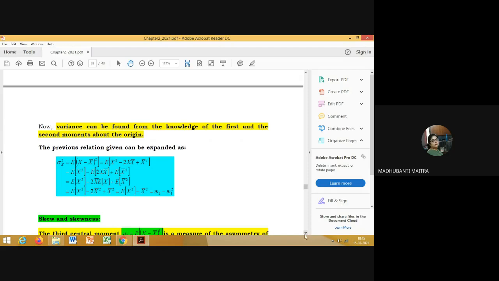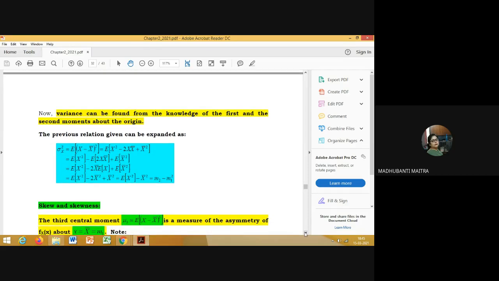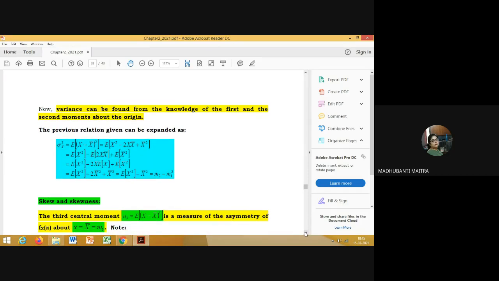Now remember that x bar, that is the expected value or mean value, that is constant. So this will be expectation of x square minus, if we take this constant value out of this expectation, 2 as well, so 2x bar into expectation of x.